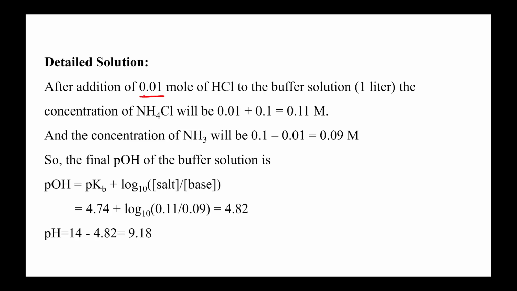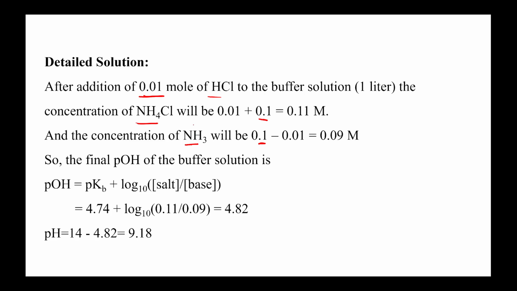When we add 0.01 moles of HCl to a 1 liter solution, moles and molarity would be the same. For NH4Cl and NH3, the initial moles were 0.1, right? Now, when you add HCl, its concentration will be subtracted from the base because it is going to neutralize the base.